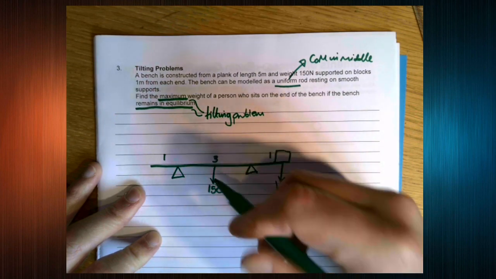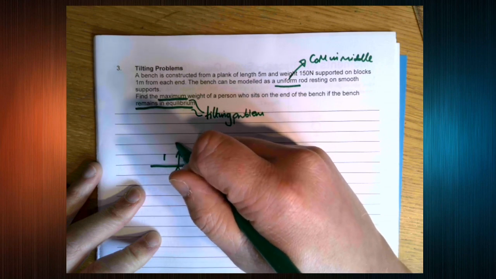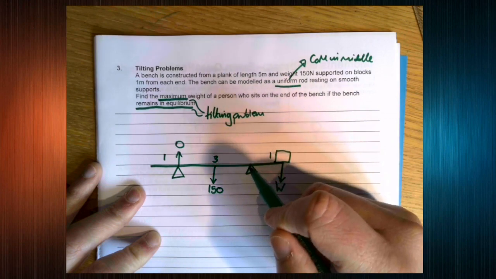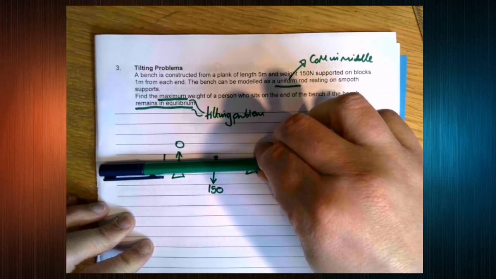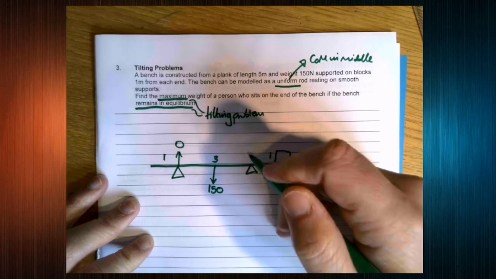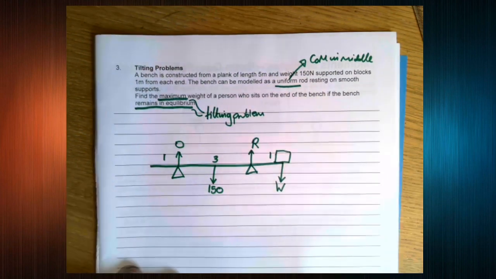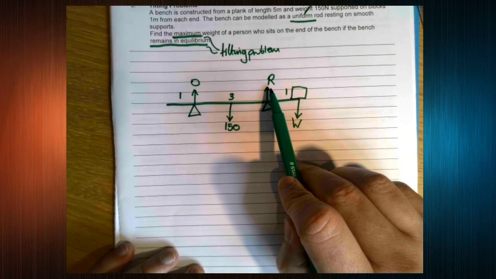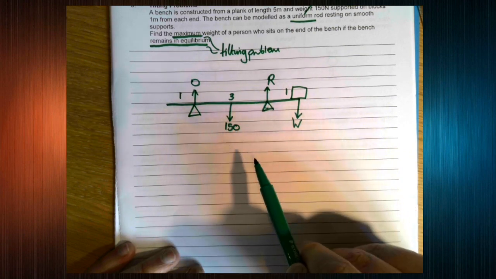So, what else do we know? Well, we know the reaction force here is 0, because it's about to tilt here. Don't forget, it remains in equilibrium, but we're looking at the maximum weight, so it's about to turn. And we have a reaction force here. Why is this reaction force irrelevant? Well, it's about to tilt about this point.